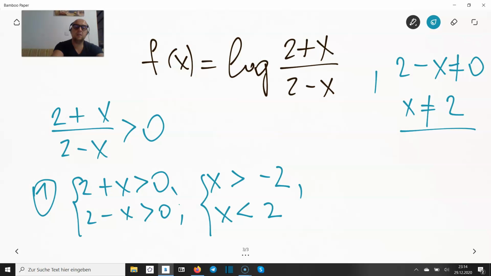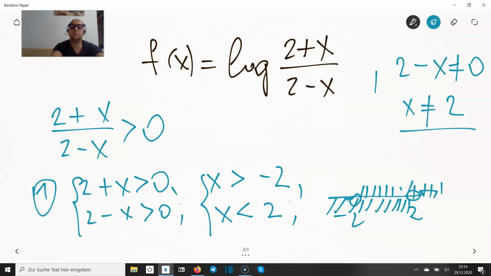So could I have it at the same time? Yes, I could. So this is minus 2, which is not included, it's excluded. And this is 2, we don't have it either. They match between minus 2 and 2. So the solution would be from minus 2 to 2.